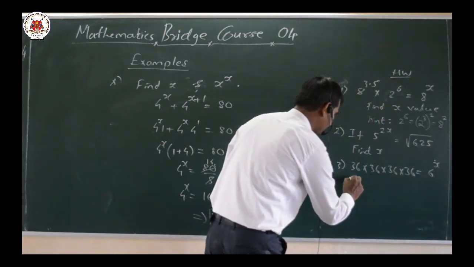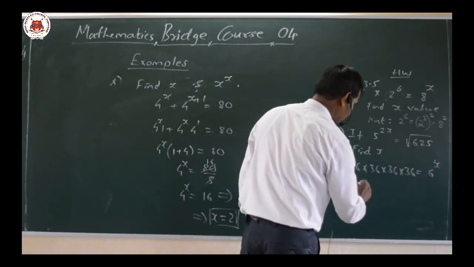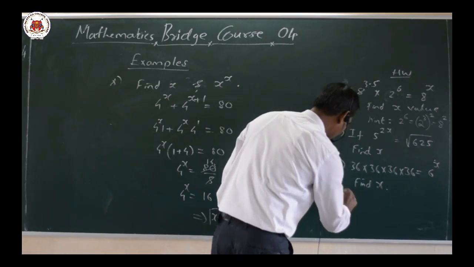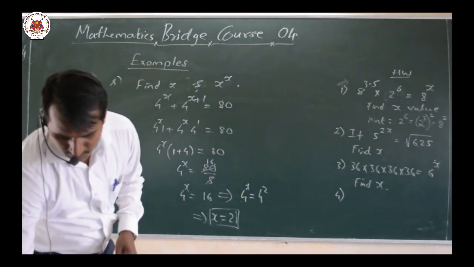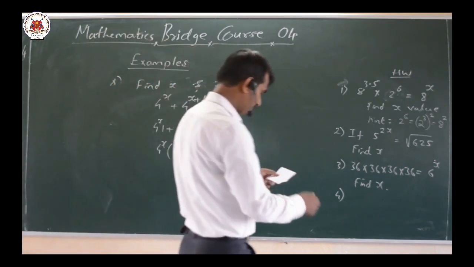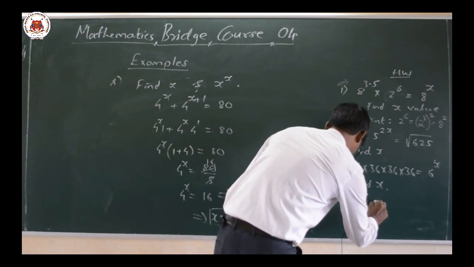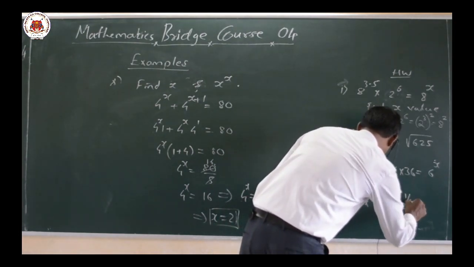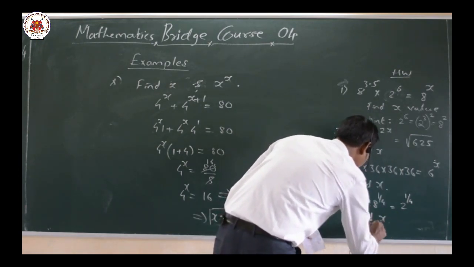Find x. Fourth one, very very simple questions. Before going to the fourth question, you can take one more example, that is 2 to the power of x into 8 to the power of 1 by 4 equal to 2 to the power of 1 by 4. Here also find x. Very very simple example.